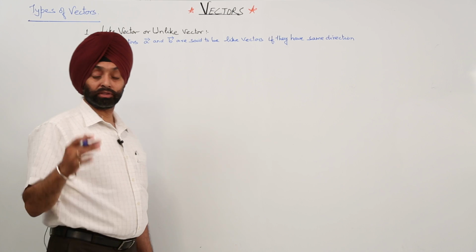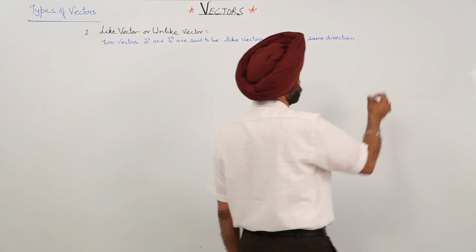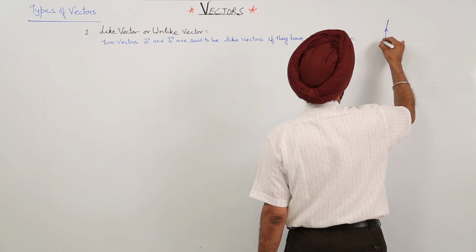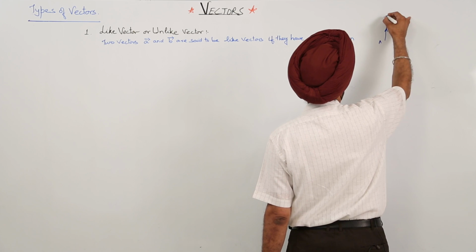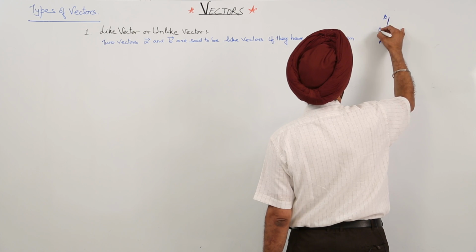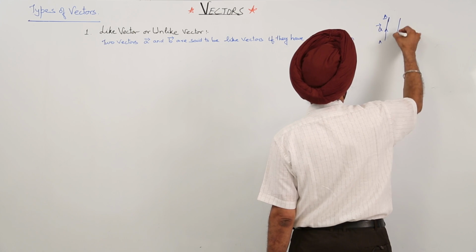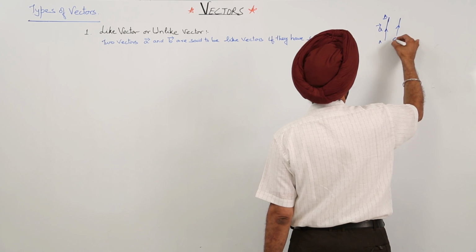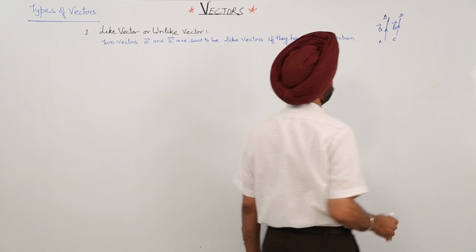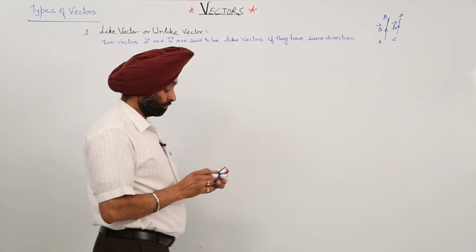The vectors having the same direction are called like vectors. Vector A and vector B.